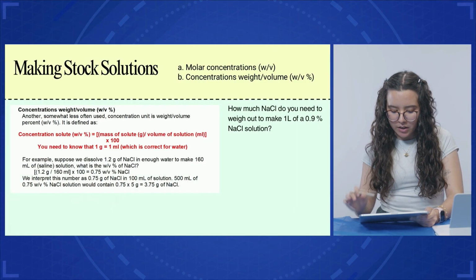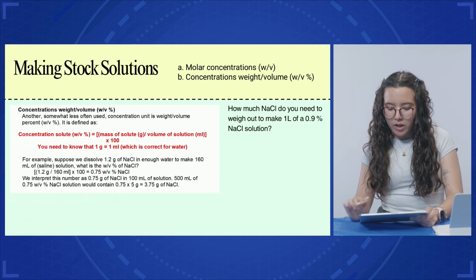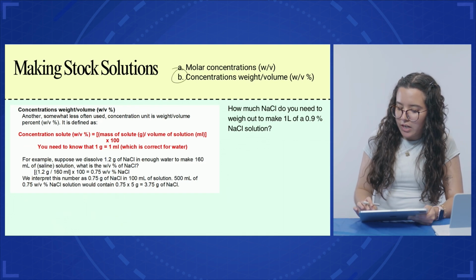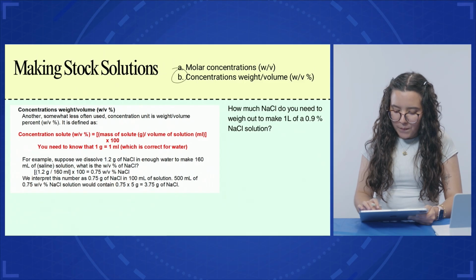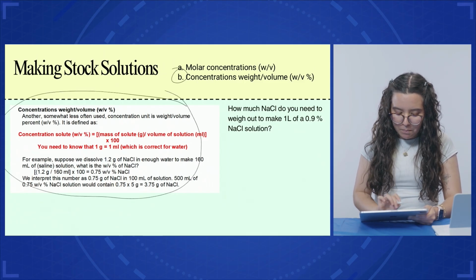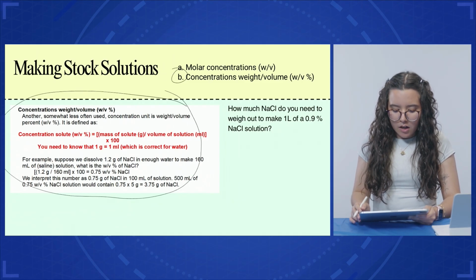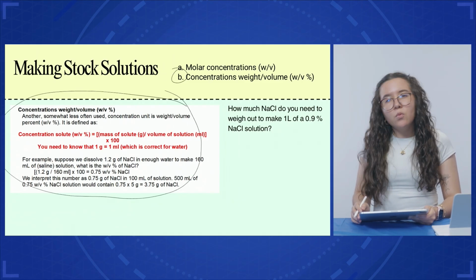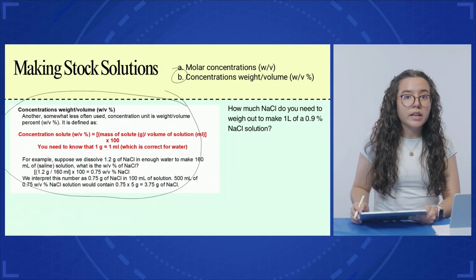So now we can go to the next one, which would be making stock solutions. Here, concentrations are weight divided by volume as a percentage. So here it gives you a bit of background on how it is done. This is a bit rare to see, but you will still see it around.